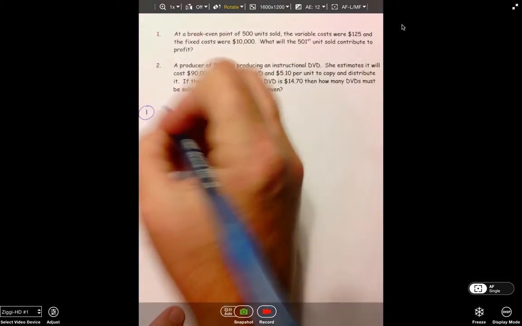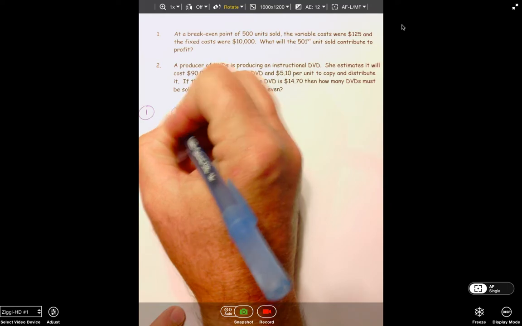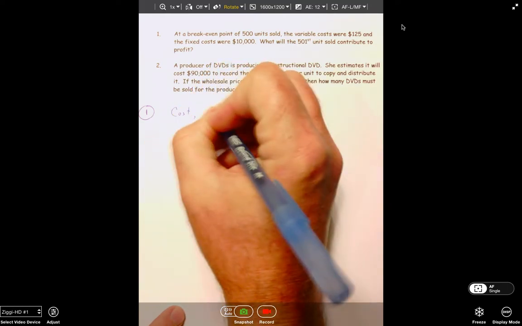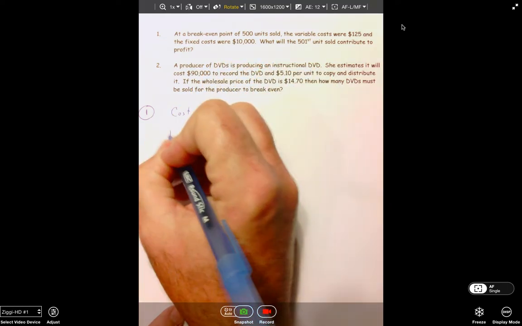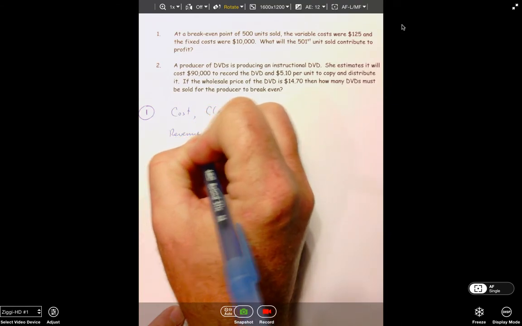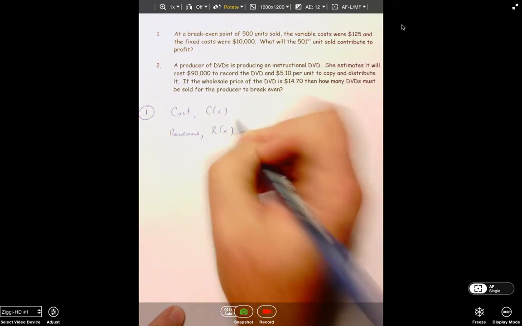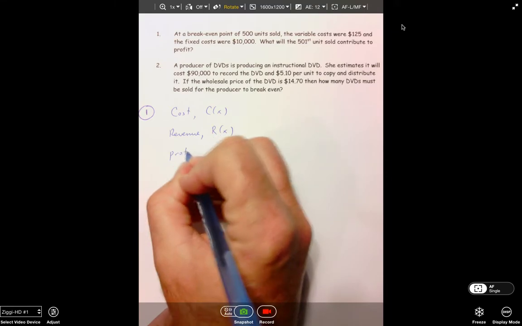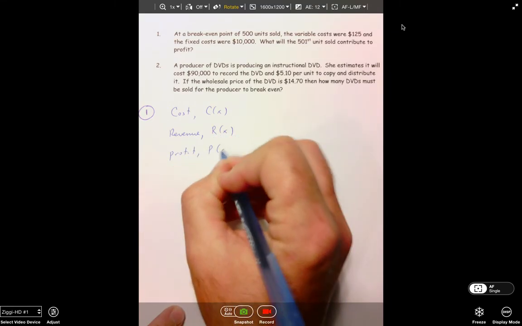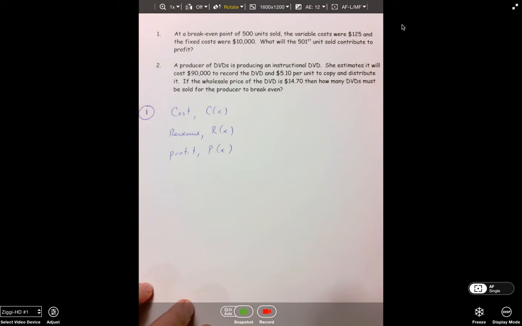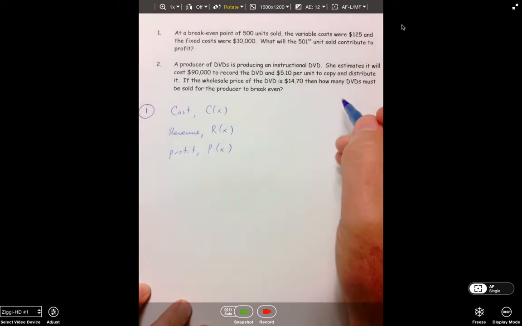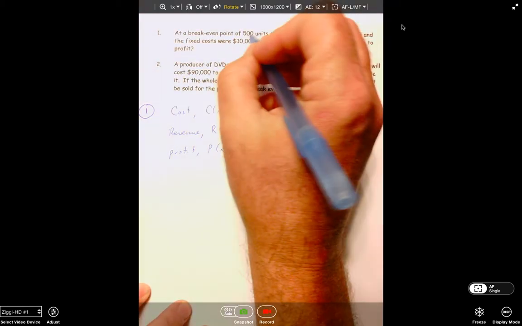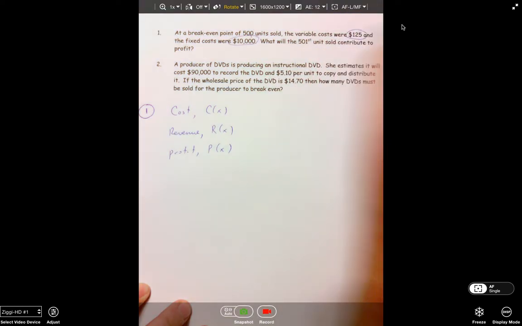So guys, the long and short of it, we're going to need a cost function, a revenue function, and a profit function. Okay? The cost function is going to be really easy because we have our fixed cost and our variable cost provided.